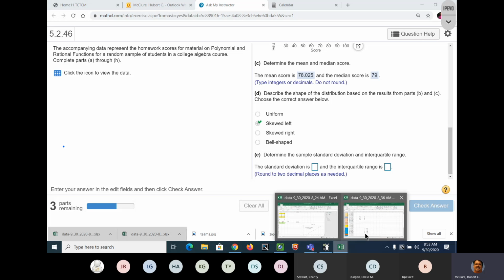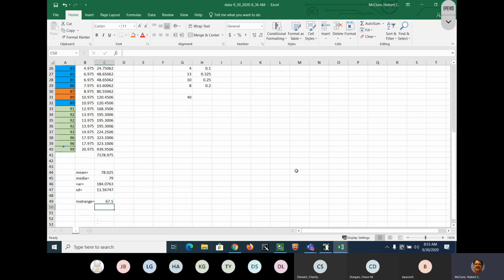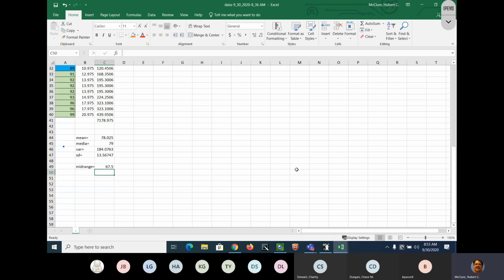Let me go write that down. Of course, usually I would ask my students to tell me these numbers, but not this class. Mean is 78.025, and the median is 79, and the variance is 184.0763, and the standard deviation is 13.56747.